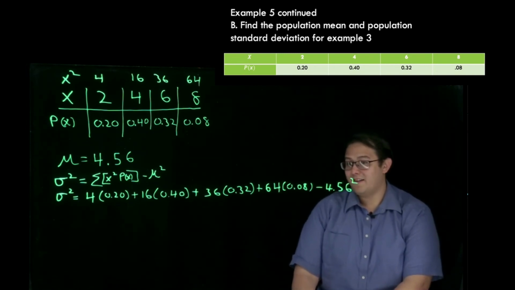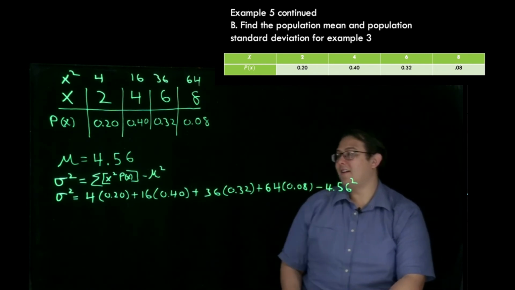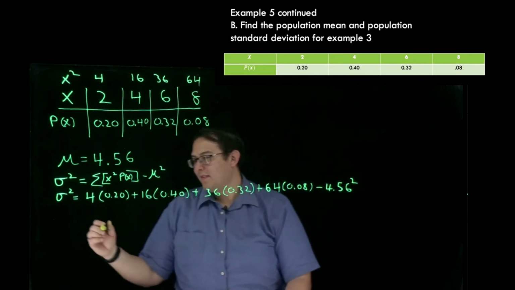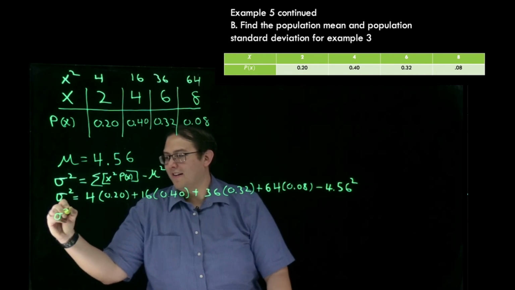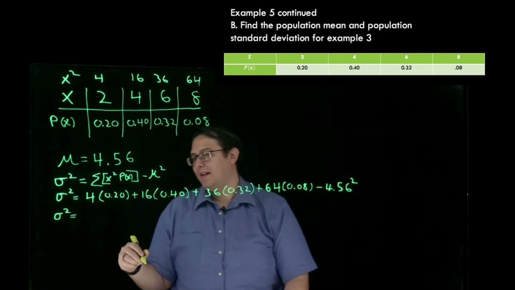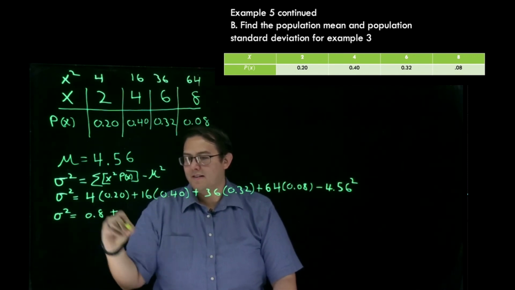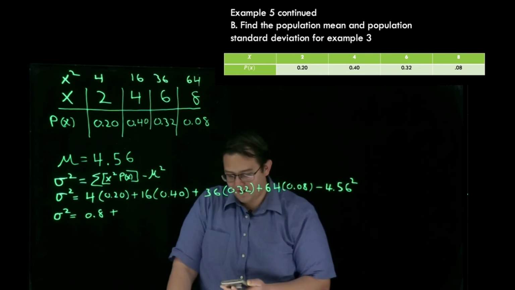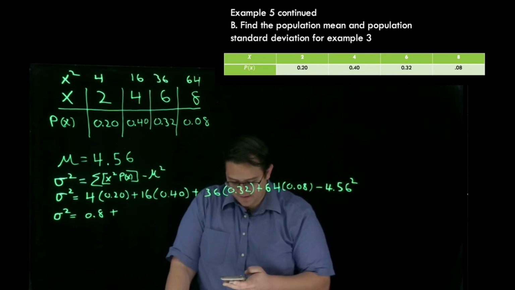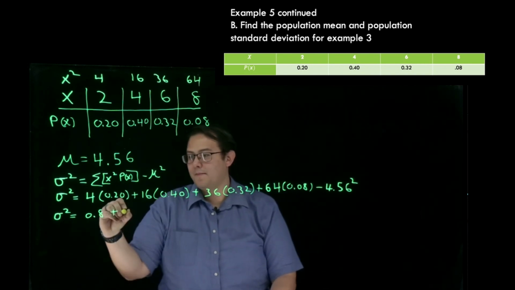And I'm going to use a calculator to figure out all of these right here. Okay, maybe not the first one. So sigma squared, if I multiply that, you're going to get 0.8 plus, so here I'll start using the calculator. It's not too bad, but 16 times 0.4, and we get 6.4.